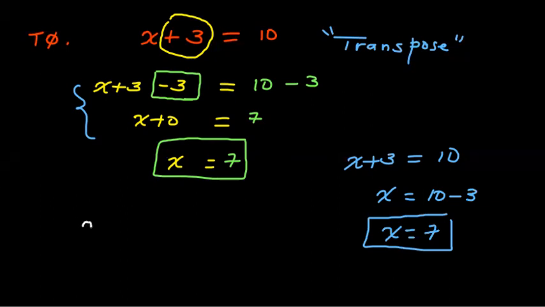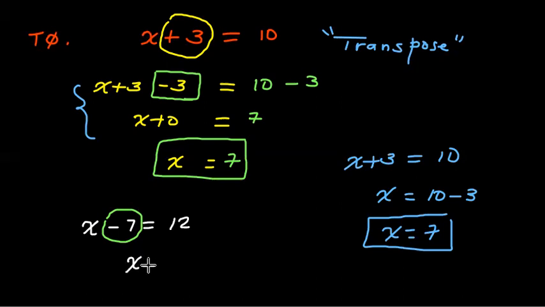Similarly, if I had a negative number, x minus 7 is equal to 12, then I'm going to transpose this minus 7 because it's in my way. All I want on my left-hand side is x.